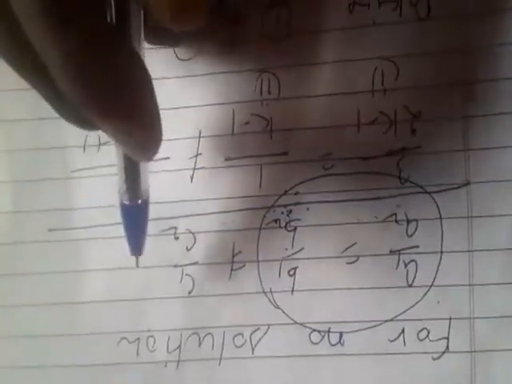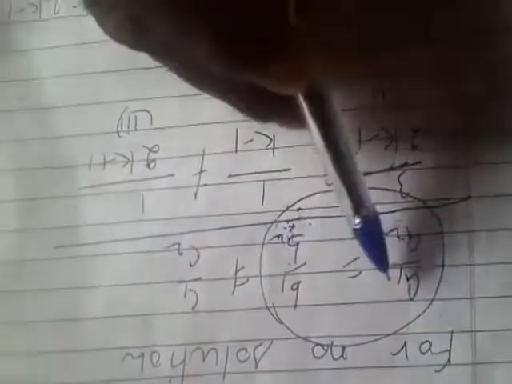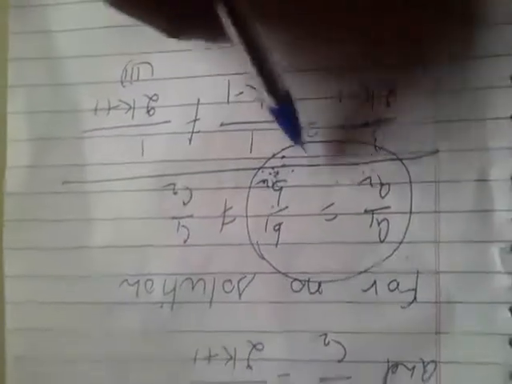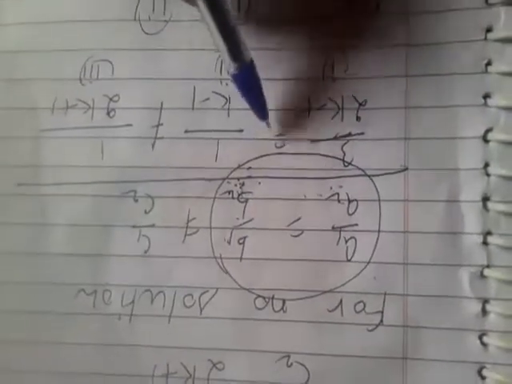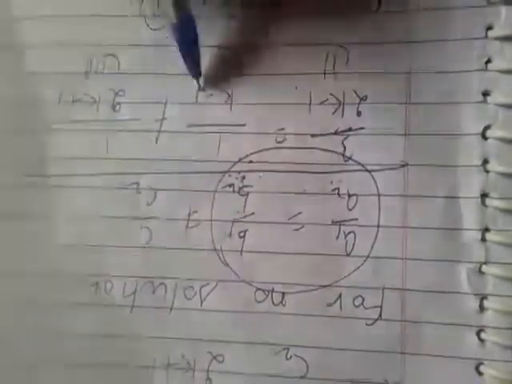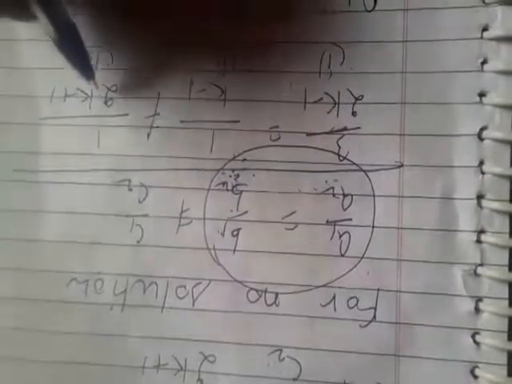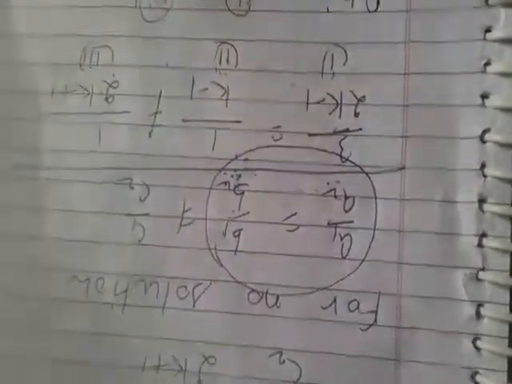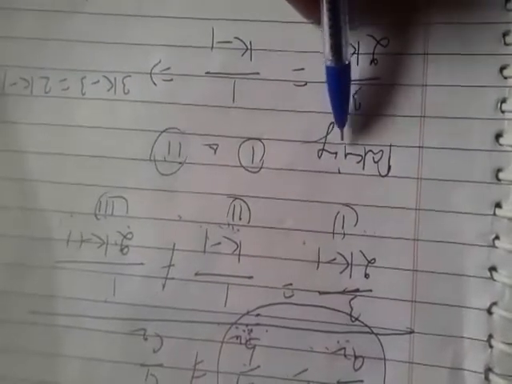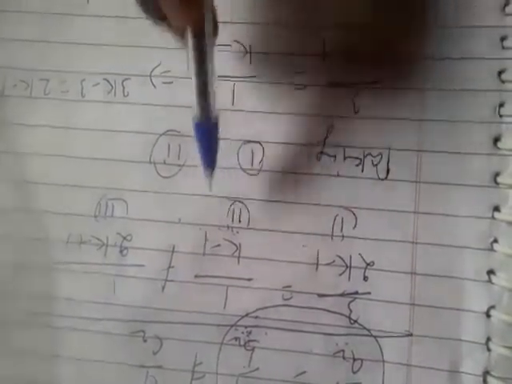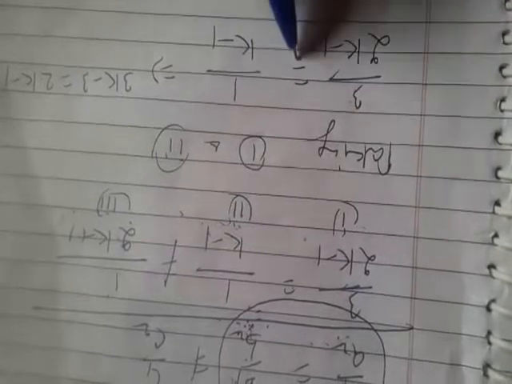Now we have taken ratio of a1, a2 and b1, b2 together. 3 by 2k minus 1 is equals to 1 by k minus 1, but none of them should be equals to 1 by 2k plus 1. Now we have taken condition 1 and 2 together, that is a1 by a2 is equals to b1 by b2.